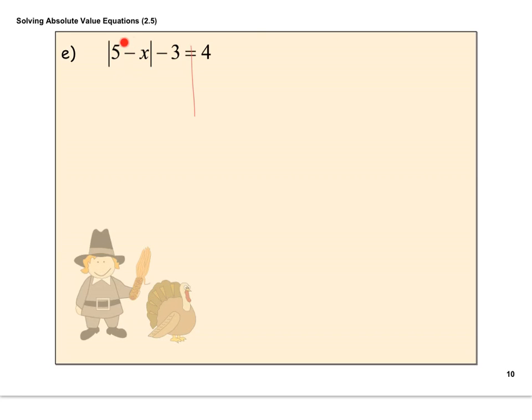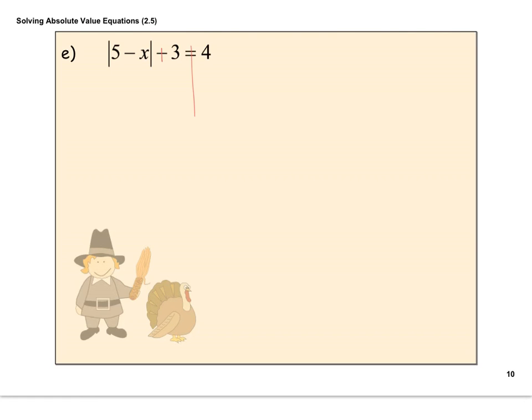Here are you and your friends in your clubhouse, and someone was trying to intrude. Makes me think of Little Rascals when the girls try to get into the boys' little club that they have. So someone's intruding. So because there's this minus 3 on this side, that's not in the absolute value, we actually have to move that over to the other side.